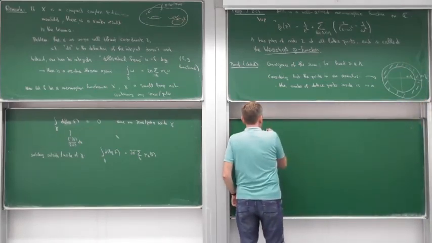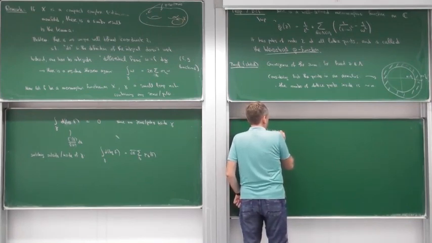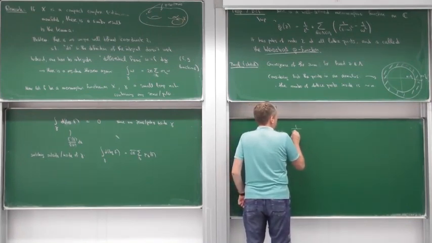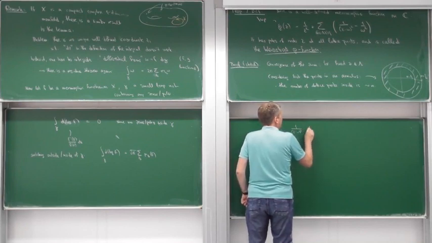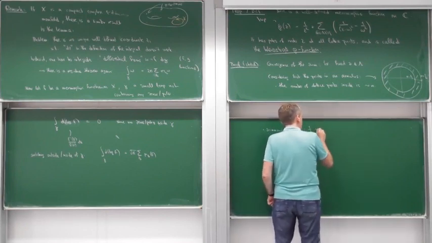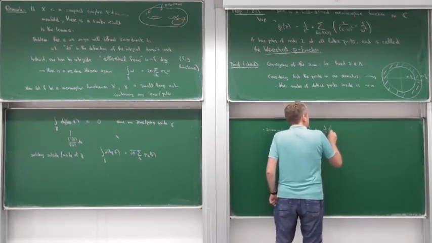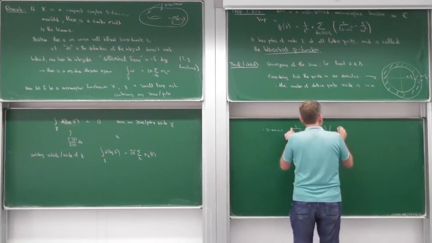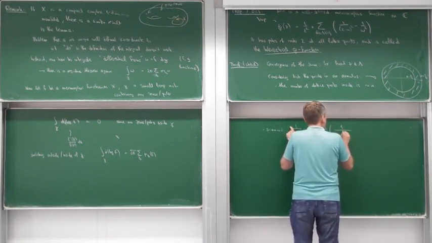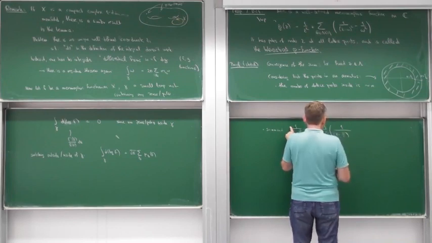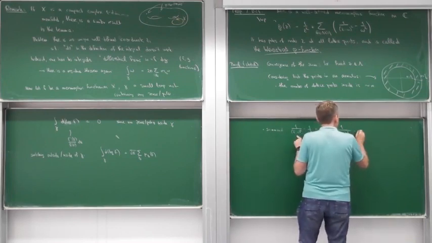I'll just factor out the 1 over omega squared to get a 1 over (1 minus z over omega) squared minus 1.